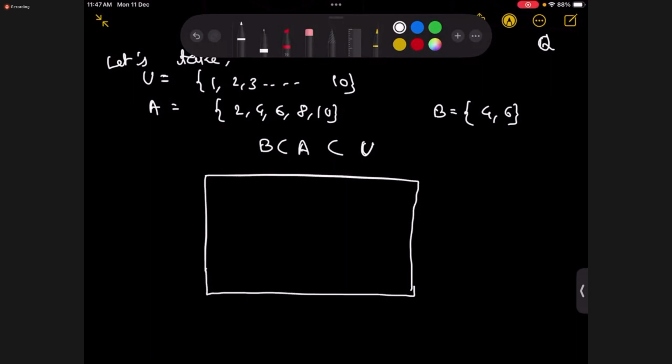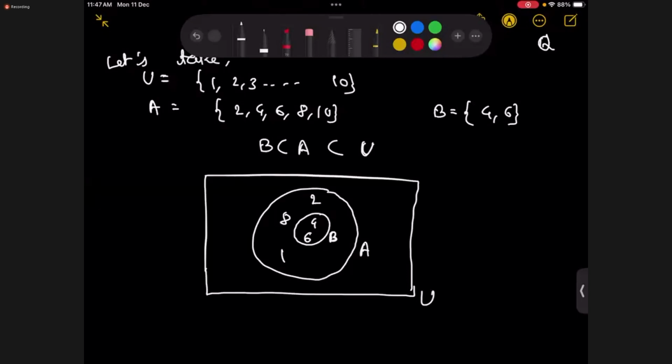This is our universal set U. Under this we have a subset called A, and under that we have a subset called B. B contains 4 and 6. A also contains 2, 8, 10, which are outside B but inside A.